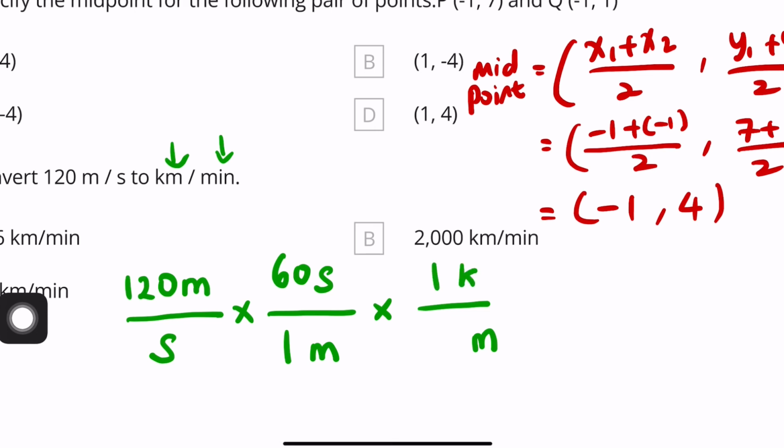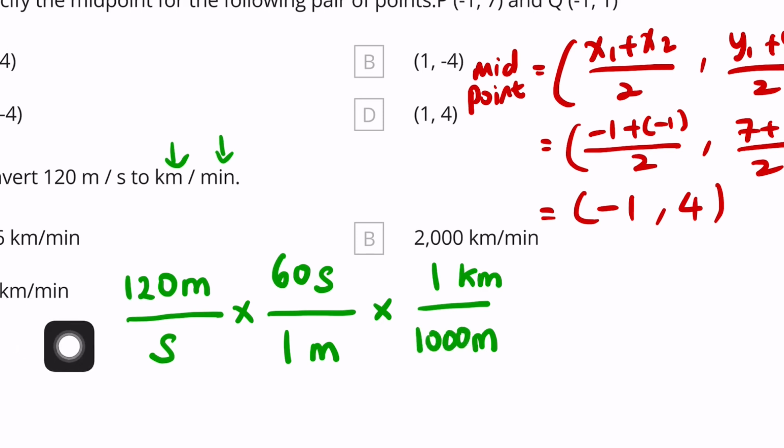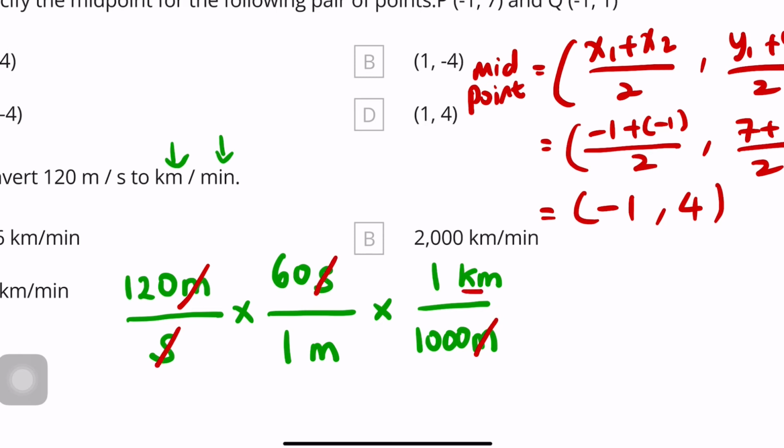So 1 kilometer is equal to 1000 meter. Okay, so this is the conversion process. Then you cross out meter and second, and this will leave you with kilometer per minute.